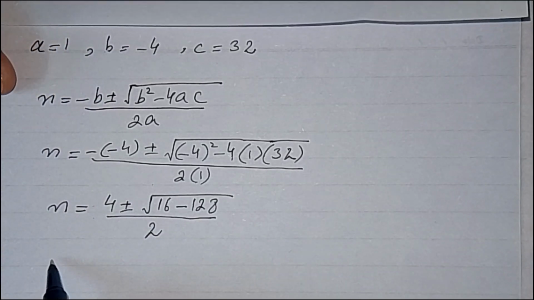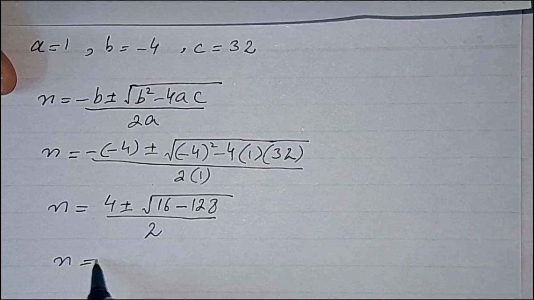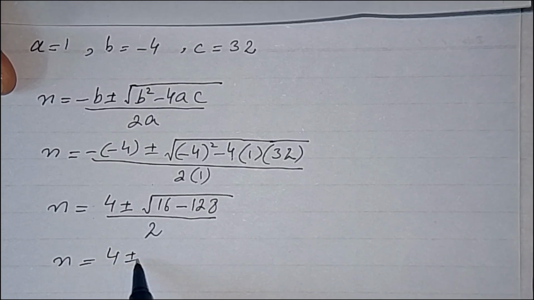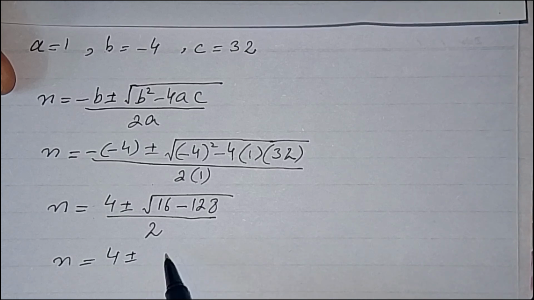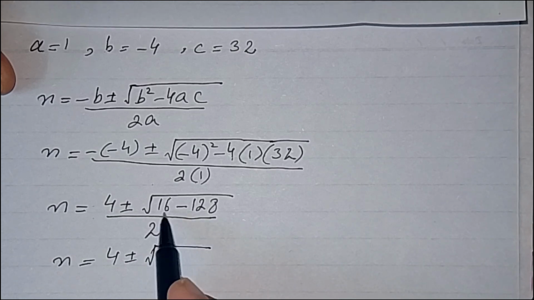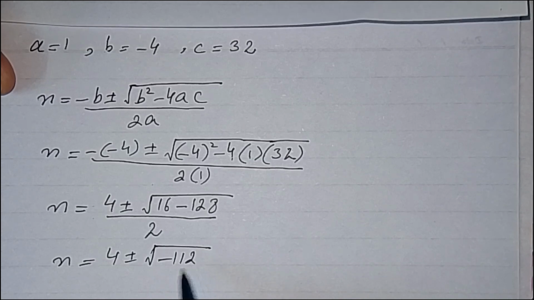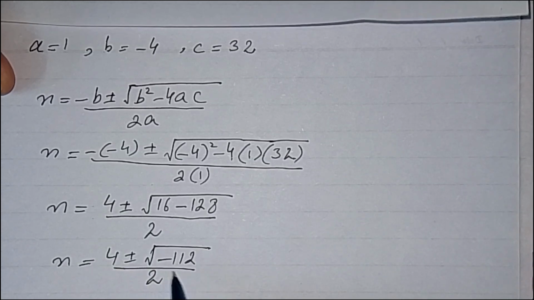Now n is equal to 4 plus minus under root 16 minus 128, which is equal to minus 112, over 2.